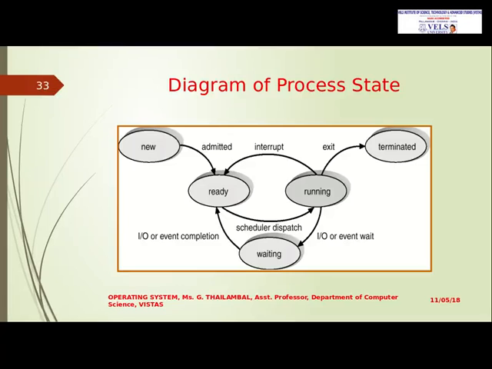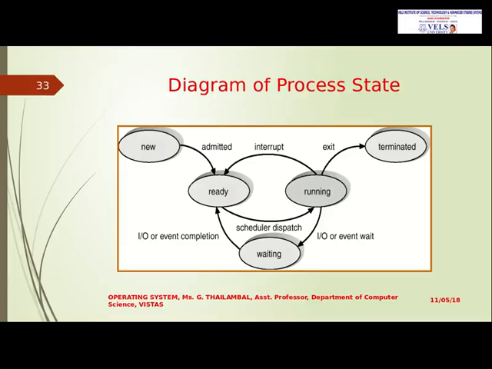Right. So this is the process state diagram. Initially it is in the new state, and the process will be taken to the ready state. The CPU will check only the ready state of the process, and only then will it start its execution. So if the process is in ready state, the scheduler is going to dispatch the process from the ready state to the running state, and the process will be executed.